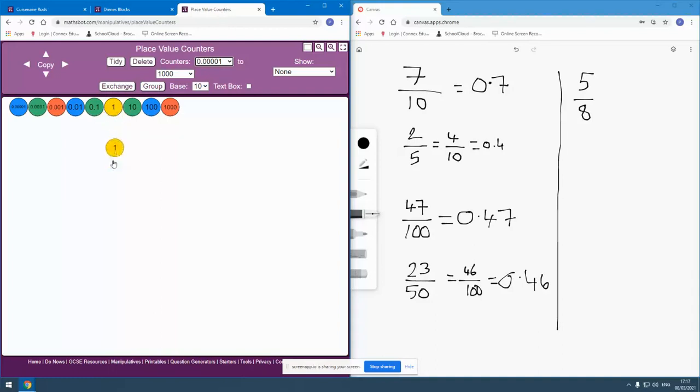So I'm going to take this 5 and I want to create 8 equal shares. Well, straight away, I can't share that 5 into 8 equal shares as it stands, because I don't have enough counters to fill each share. So what I'm going to do is exchange that for 10 0.1s, and start arranging these into 8 equal shares.